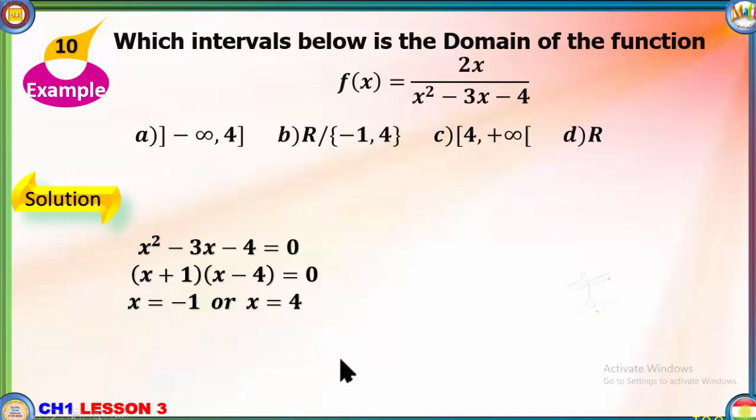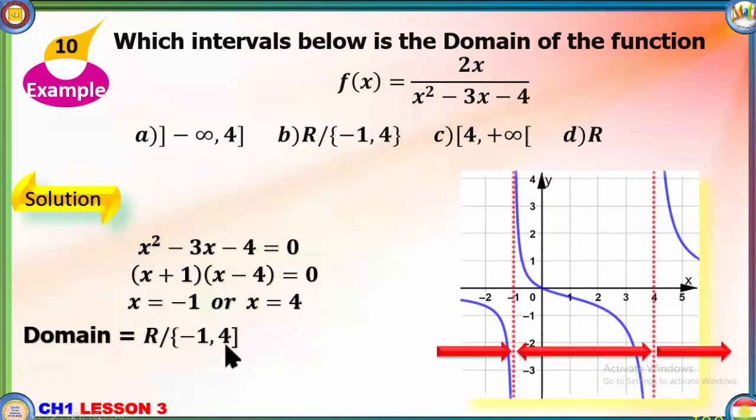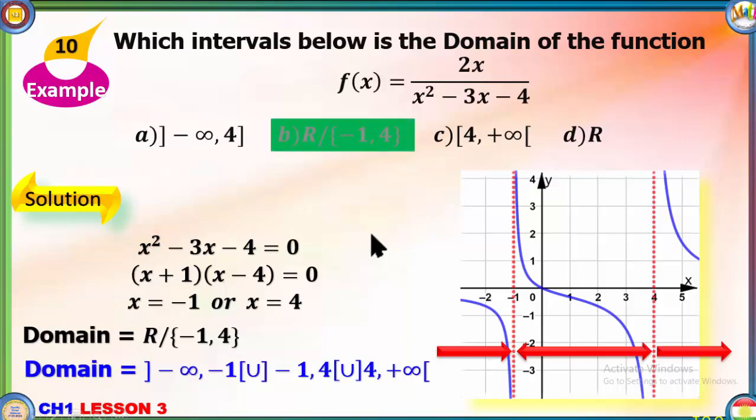Therefore, the domain is all real numbers except minus 1 and 4. Then the correct answer is R except minus 1, 4.